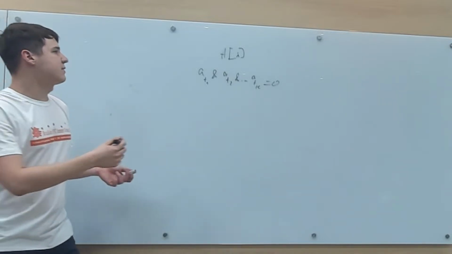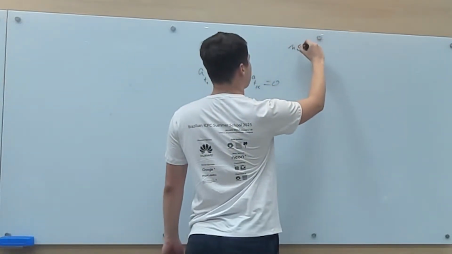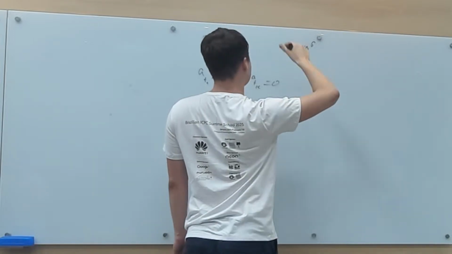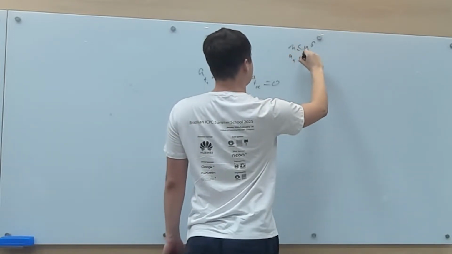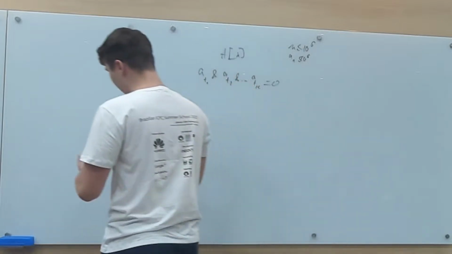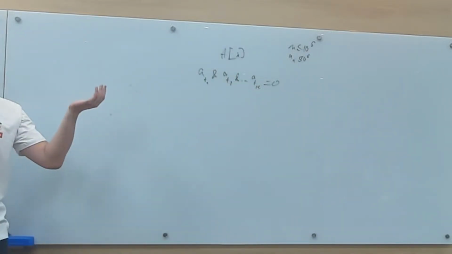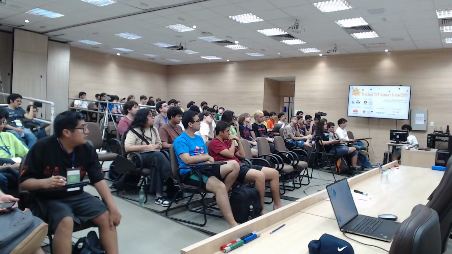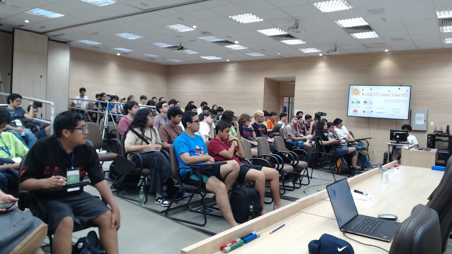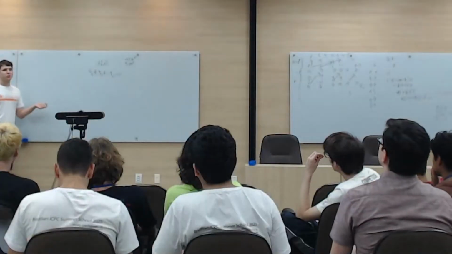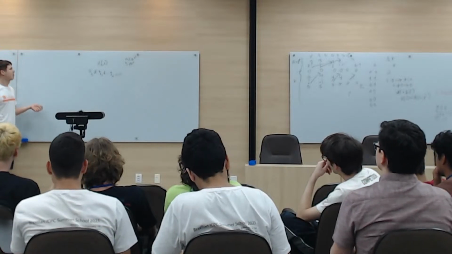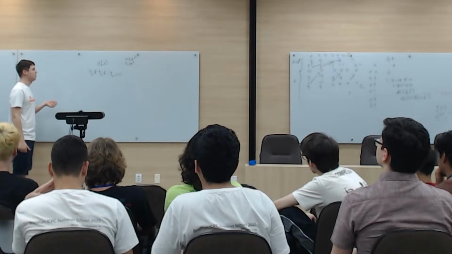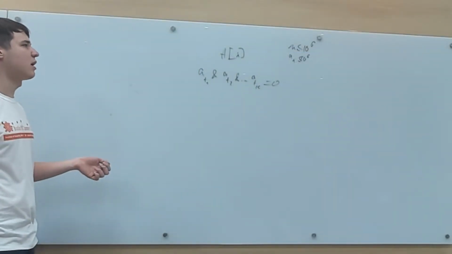We have n up to a million and A_i up to a million. Okay, who knows how to solve this task? Cool. Okay, so I know two solutions to this problem, and I'm going to tell the lesser known one, but in my opinion it's better because it generalizes to harder problems.